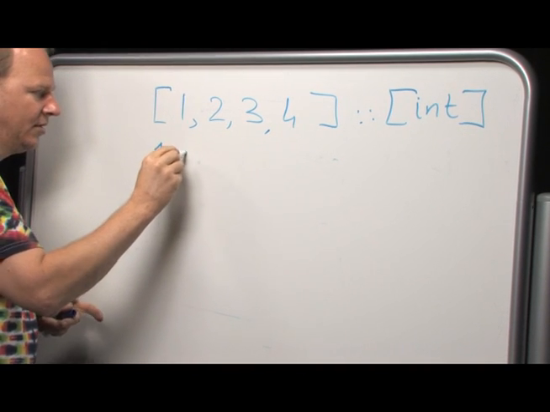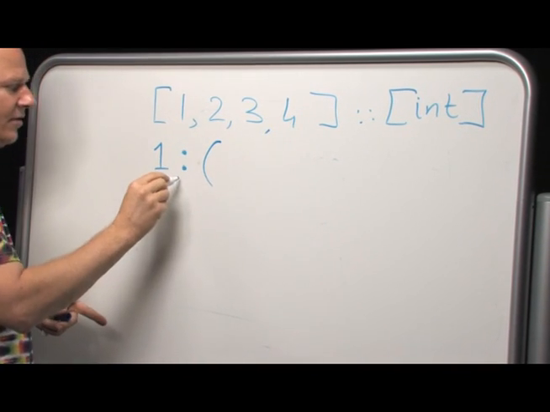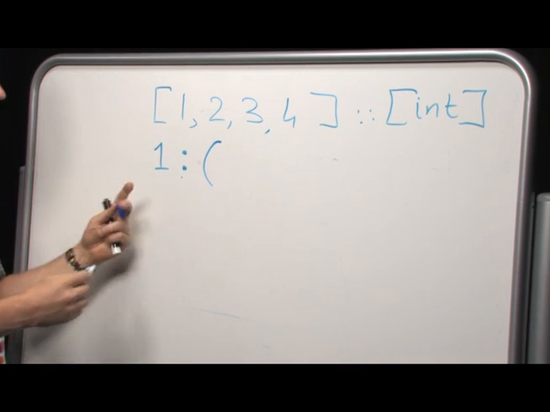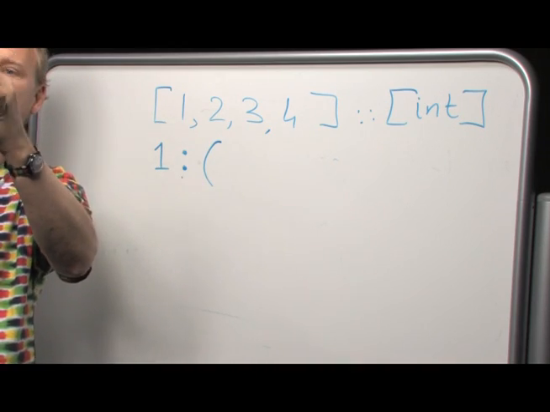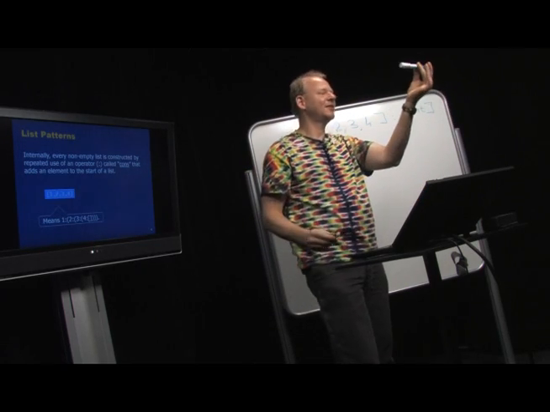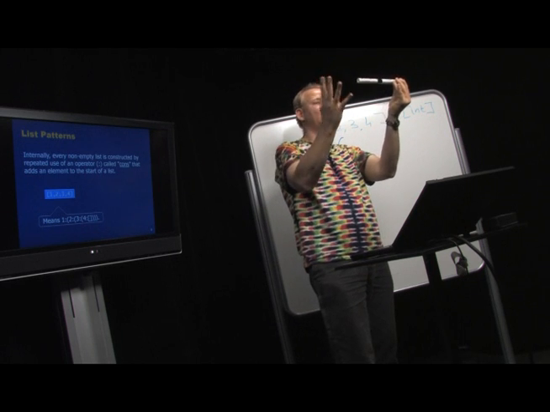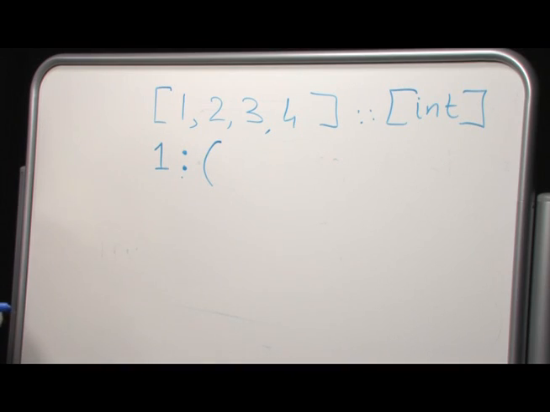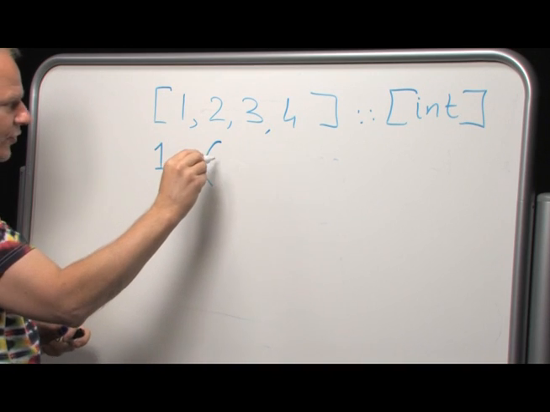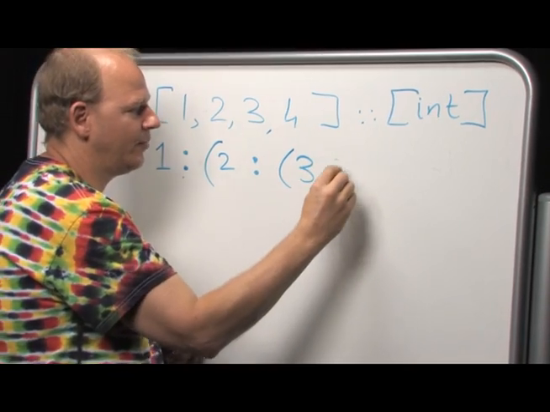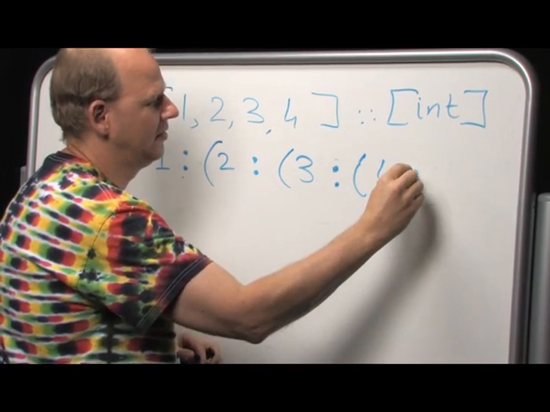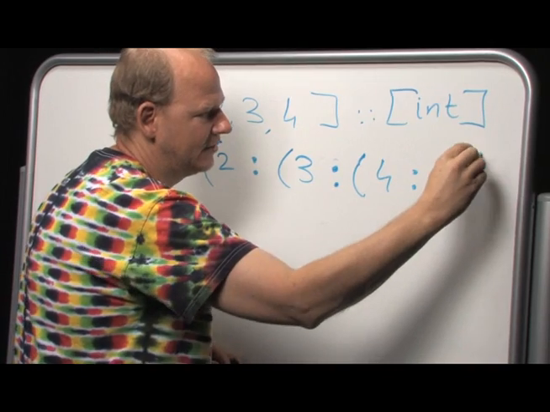So that's like 1 cons, which is an infix operator just like plus, which takes an element and a list and creates a new list. This is an element and this is a list and I cons it. So you can stick it together like Lego bricks: 1 on top of 2, on top of 3, on top of 4, on top of the empty list.